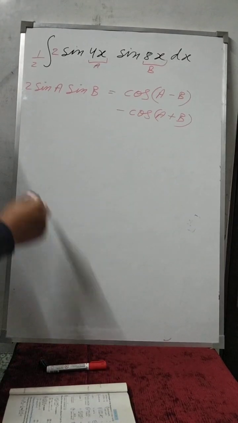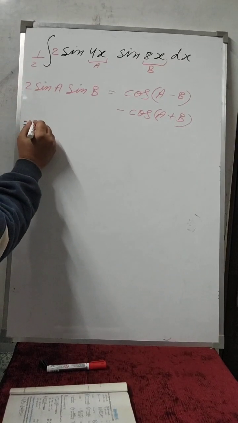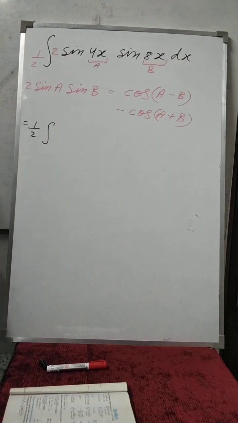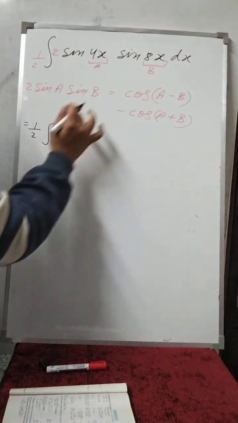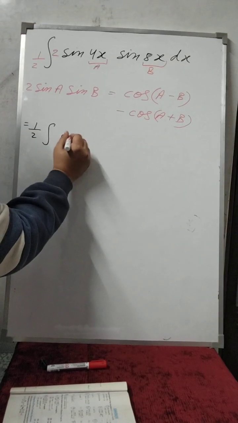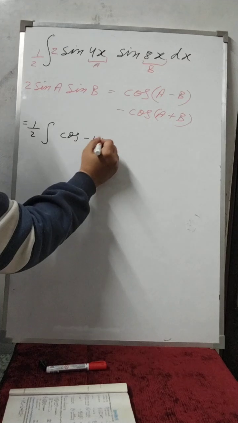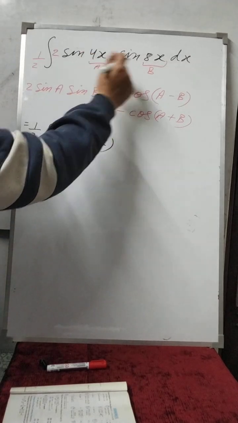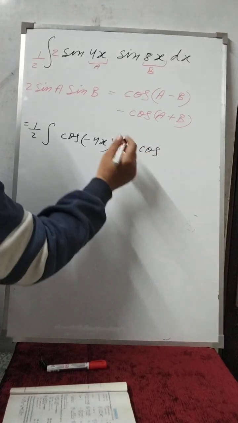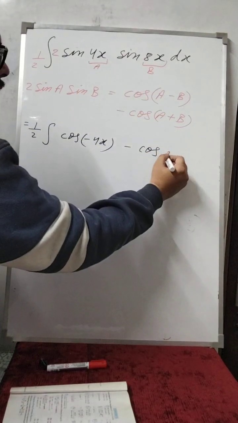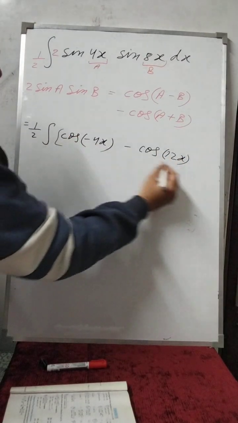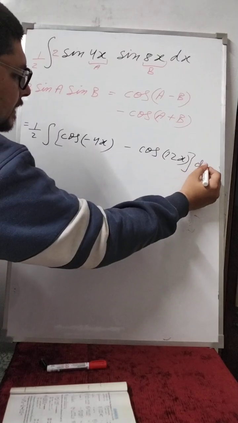Applying this formula, my question will reduce to half of integration of cos(4x minus 8x), cos of minus 4x, minus cos(4x plus 8x), cos 12x, with respect to dx.